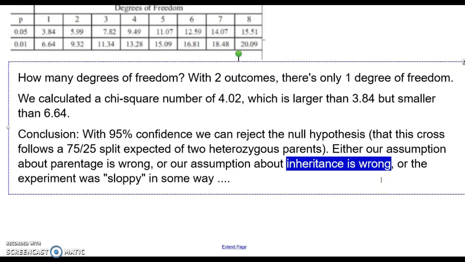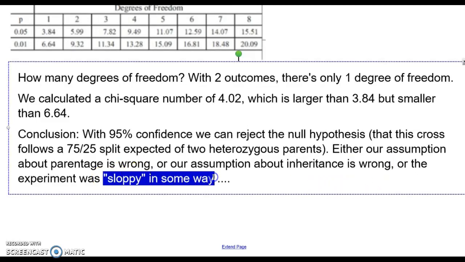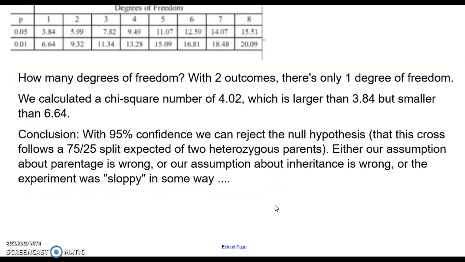Maybe height is influenced by some other genes. Or maybe the experiment was sloppy in some way. Maybe out of that 525, there were 50 of them that maybe came from homozygous dominant parents, or no, I should say homozygous recessive parents. So we had an excess of the dwarf plants. Somehow we included those in our count by mistake. So something's not quite right.